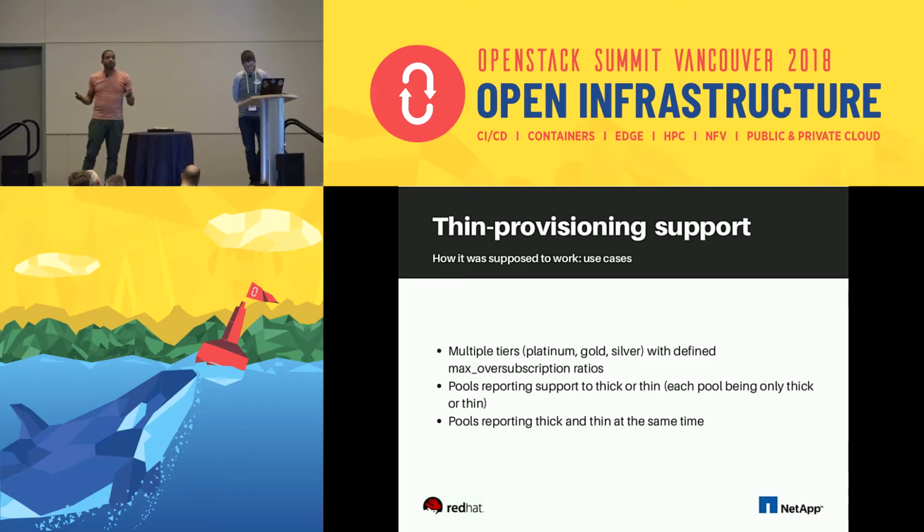So the idea was initially to support a set of use cases and possibilities. One of those possibilities is, for example, imagine that you have some classes of services, some tiers in your cloud, and you want to have the over-provisioning as part of your quality of service. So you could have a platinum service that would have no over-provisioning.